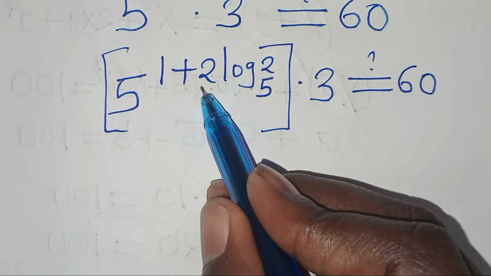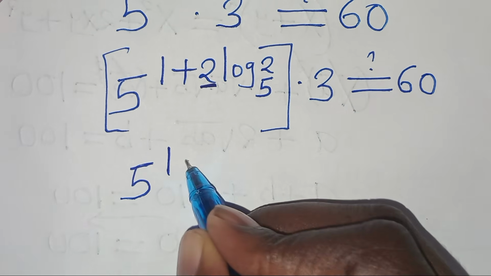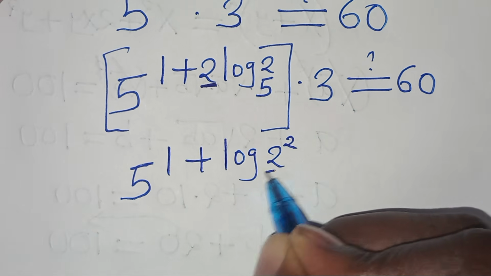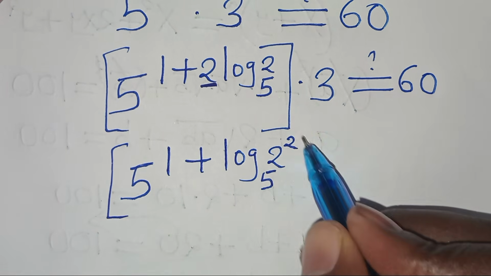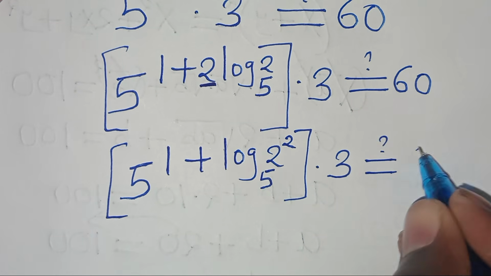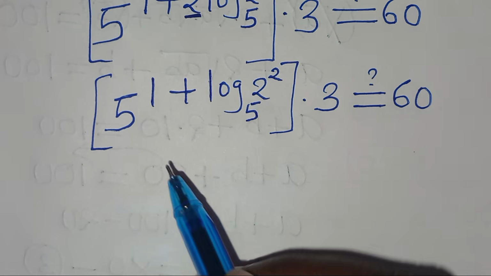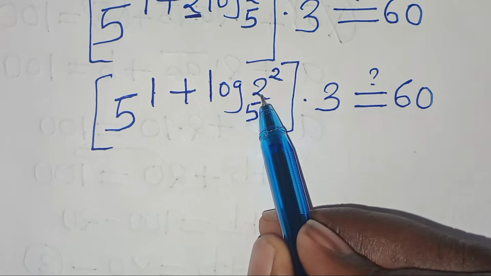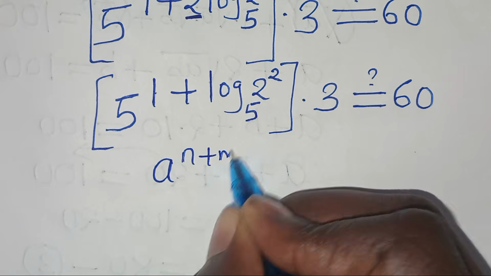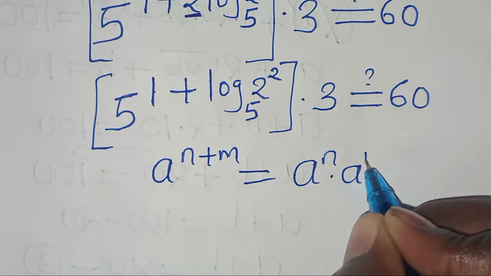Since 2 is a power here, we can express this as 5 to the power of 1 plus log 2 to the power of 2 to base 5, then everything here multiplied by 3. Now we have that 5 to the power of 1 plus log 2 squared to base 5 is in the form of a to the power of n plus m, which can be expressed as a to the power of n multiplied by a to the power of m.